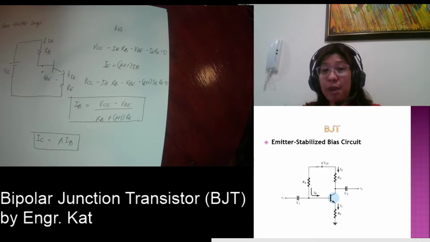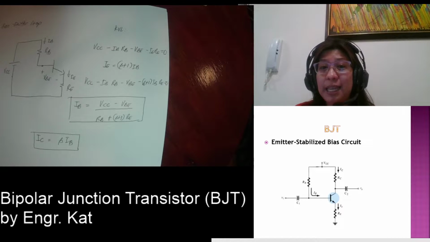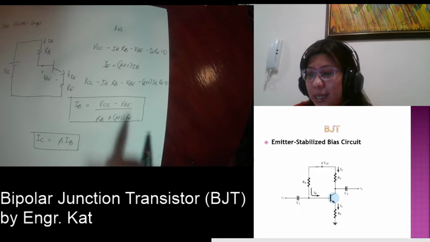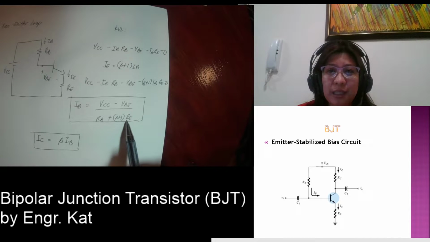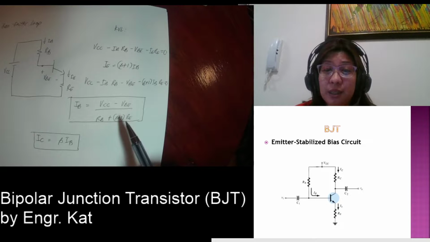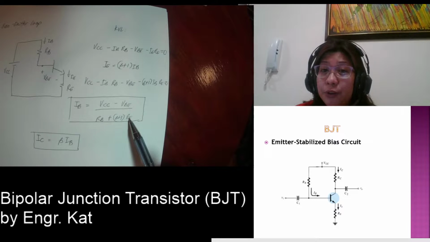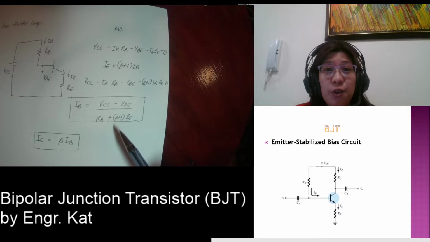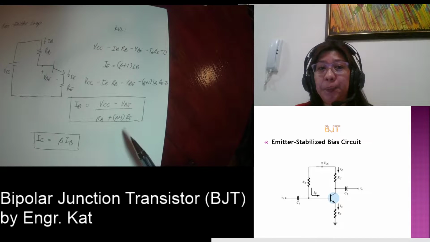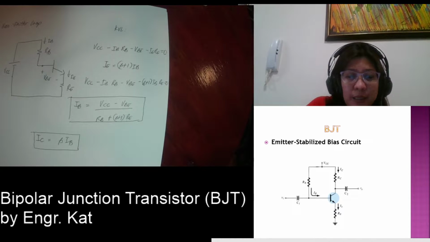So what interesting part we have here is at the input side, we didn't only see RE or the emitter resistance, but we have seen a different resistance, a higher resistance than the normal emitter resistance. Why? Because at the input side, we have multiplied your emitter resistance with beta plus 1. So beta plus 1 is a high value, therefore we are increasing the original value of our emitter resistance.